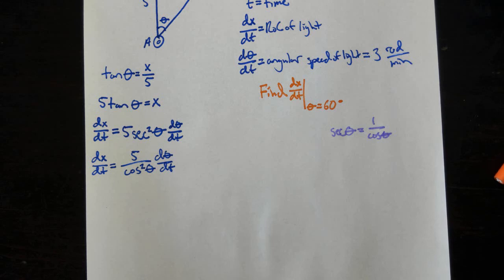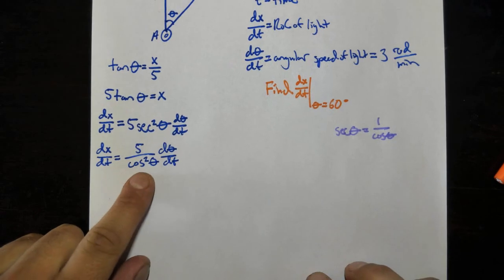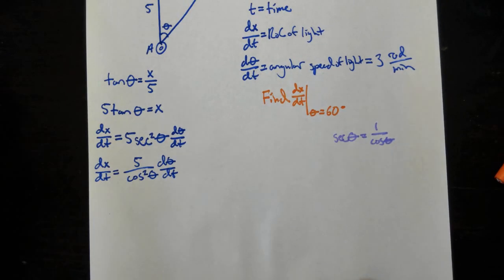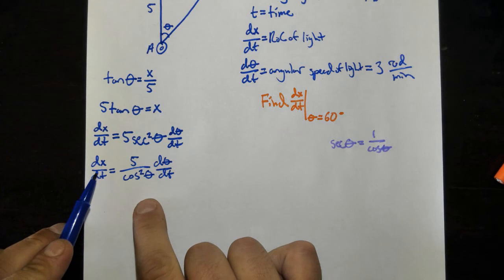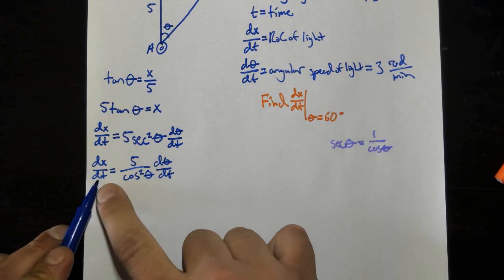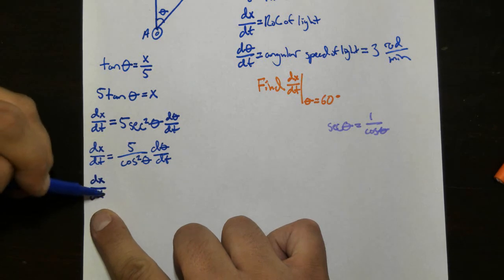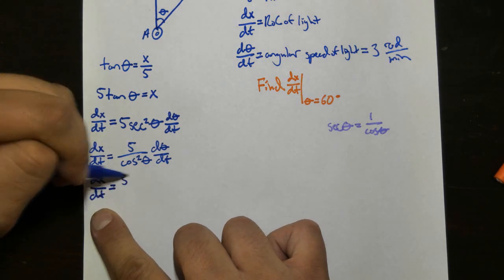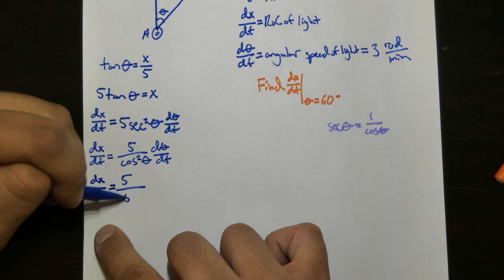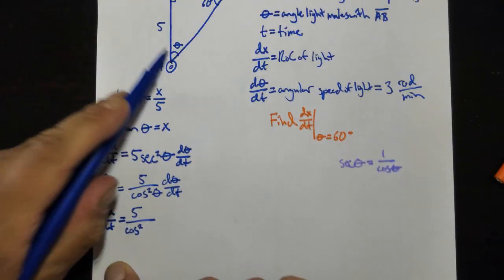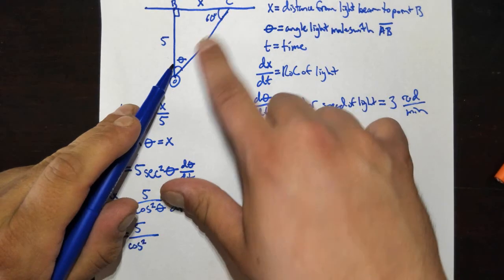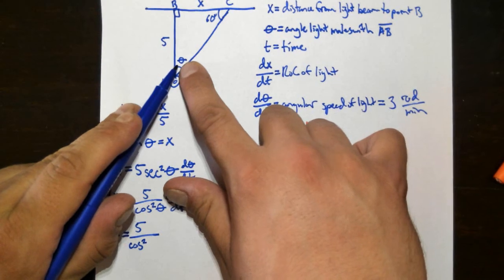All right. So we derived, and now let's plug in our values. We're looking for dx/dt, which equals 5 over cosine squared of theta. Now, what is theta? When this is 60 degrees, this is 30 degrees, right?